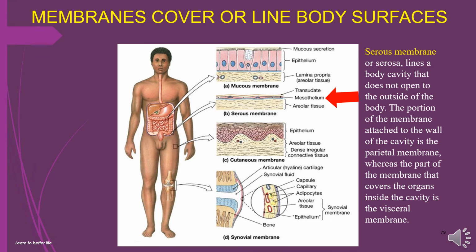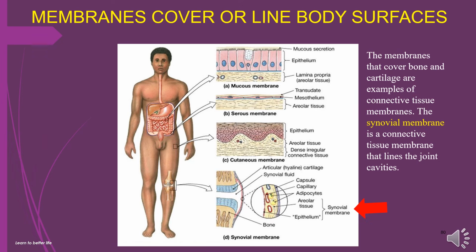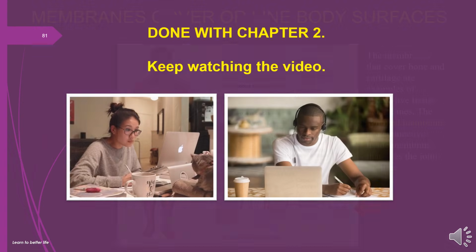The portion of the membrane attached to the wall of the cavity is the parietal membrane, whereas the part of the membrane that covers the organs inside the cavity is the visceral membrane. The membranes that cover bone and cartilage are examples of connective tissue membranes. The synovial membrane is a connective tissue membrane that lines the joint cavities.